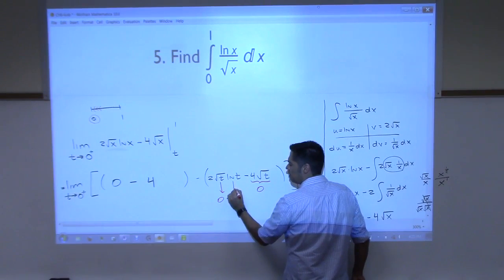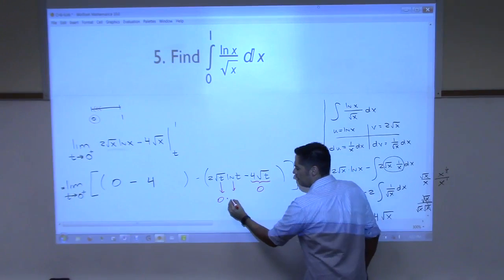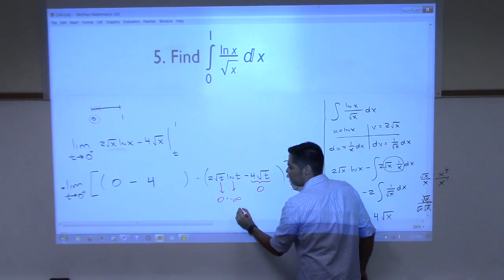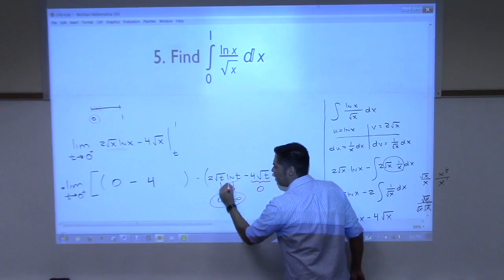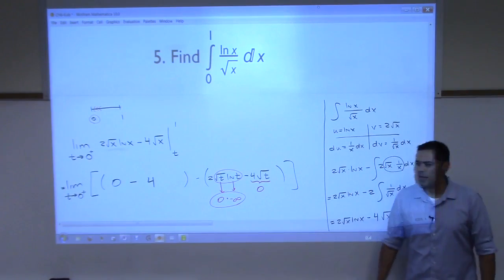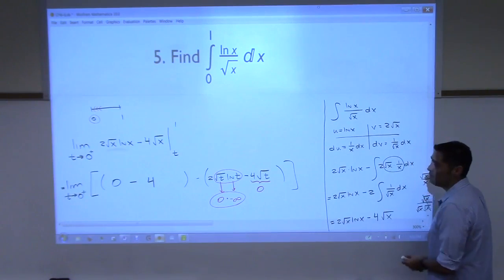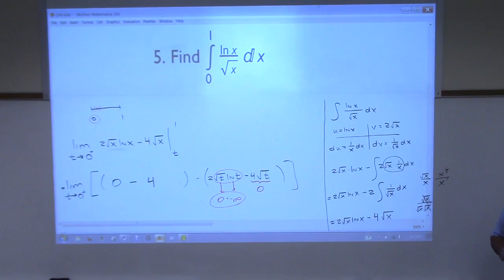And this piece, natural log of 0, we already went through that earlier today. That's negative infinity. So this right here is what's happening with those two pieces. And because of that, you can't just tell me that that's 0. You actually have to go through the work now and prove to me that that's whatever you think it is. So everyone understand that what's in red circled there I've got to work on now?